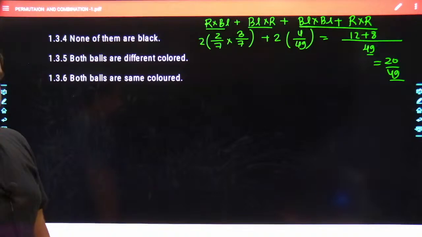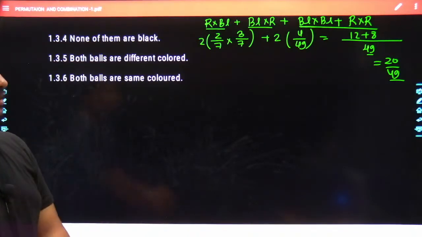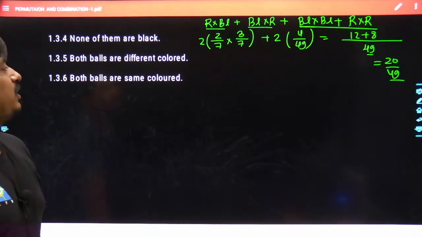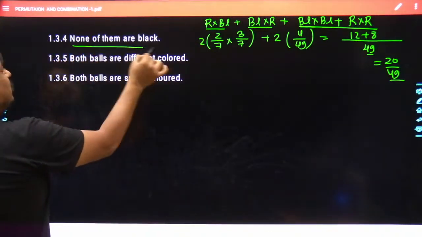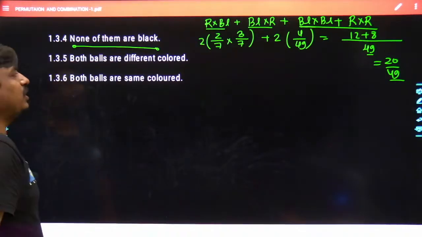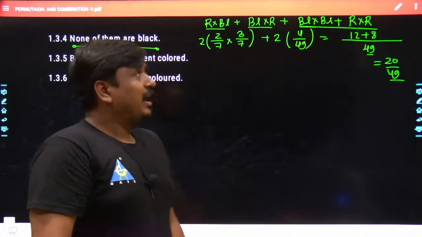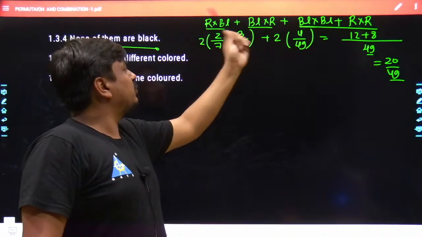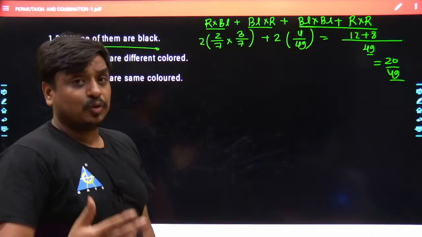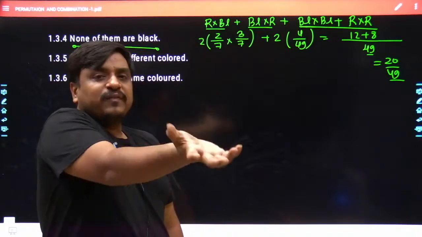Sir, please explain the first term. I didn't get your answer actually. What I am saying is none of them has to be black. So the possibility could have been that the first ball which you retrieved was red followed by blue, or the first ball was blue followed by red. So obviously these make two different scenarios.